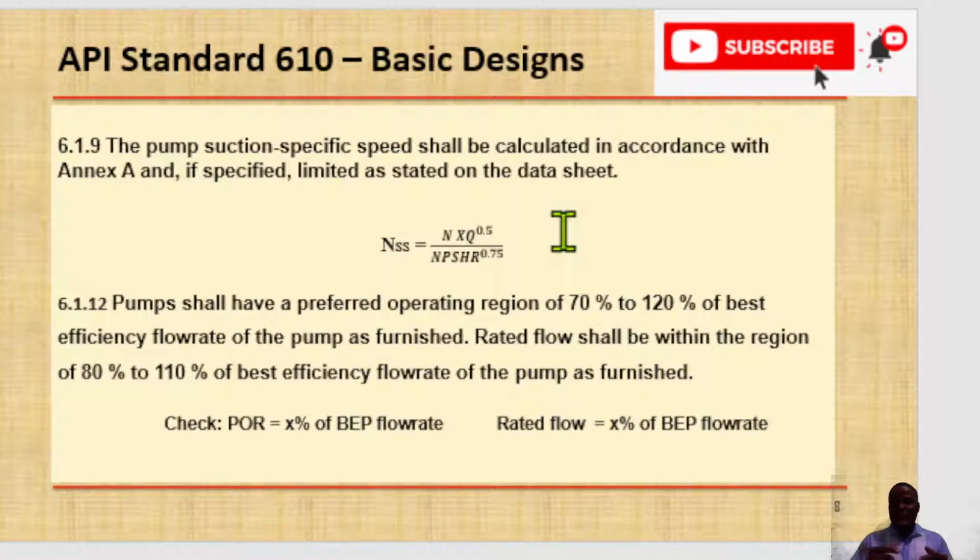Now, at the same time, your rated flow shall be within the region of 80% to 110% of best efficiency flow rate of the pump as furnished. So when you receive your pump mechanical data sheet and the pump curve, you need to check whether a particular vendor is meeting this clause as specified in API 610.